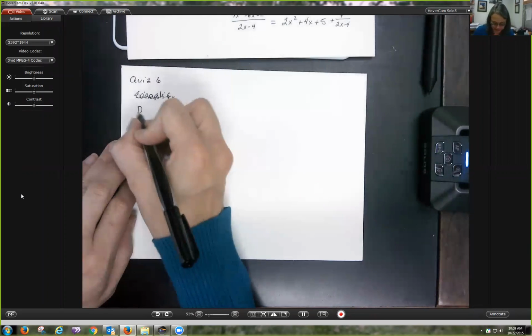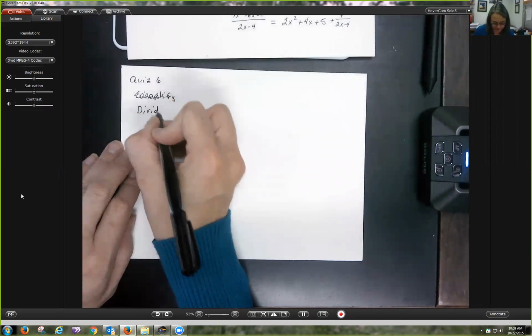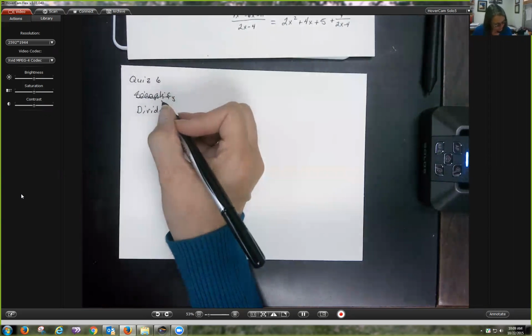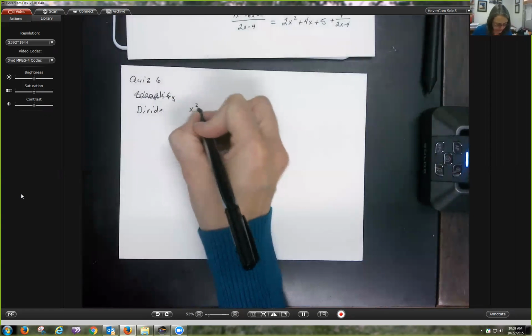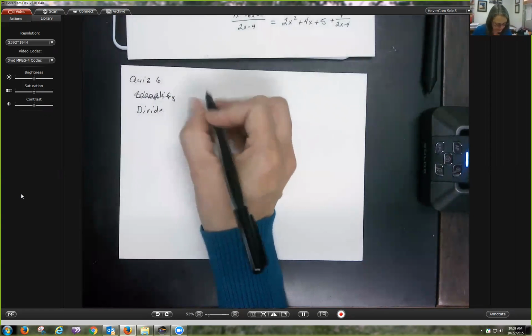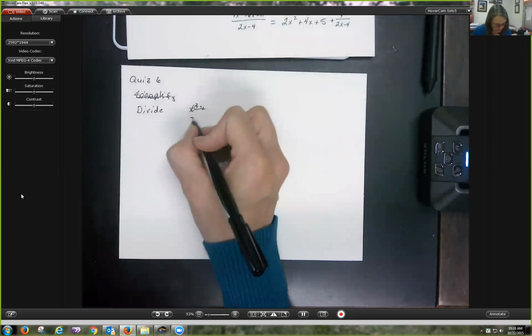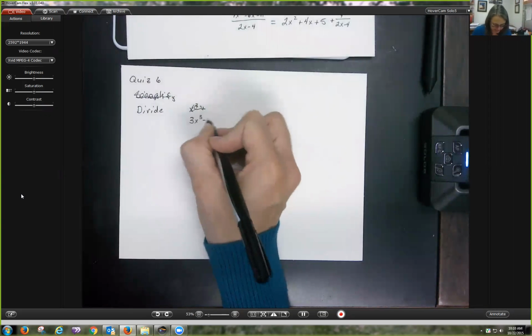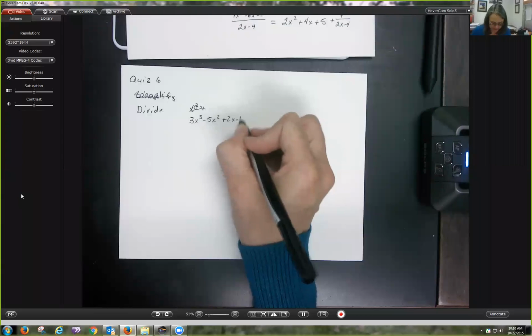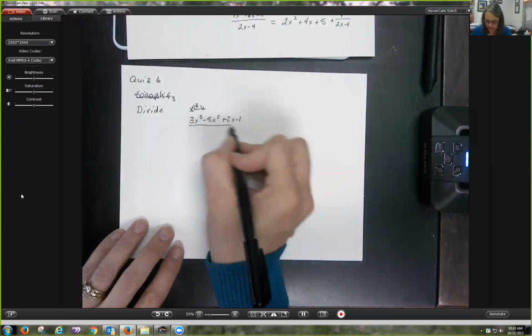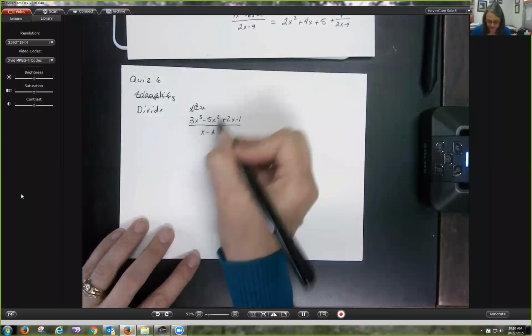I want you to divide 3x to the third minus 5x squared plus 2x minus 1 all over x minus 2.